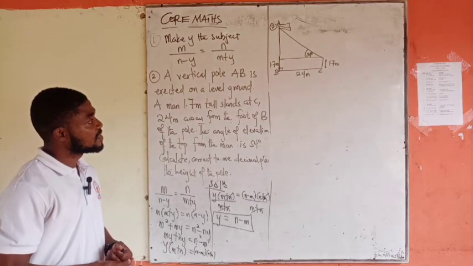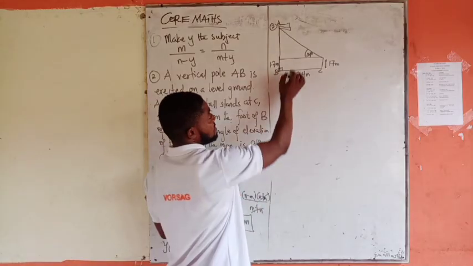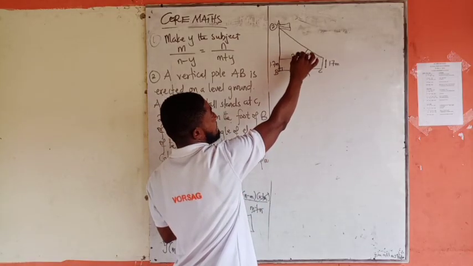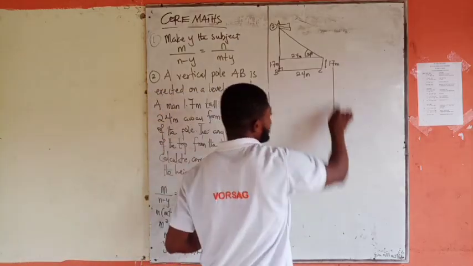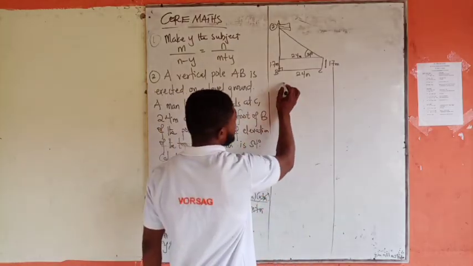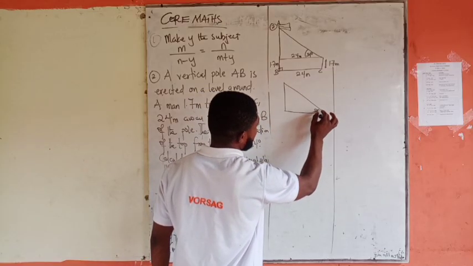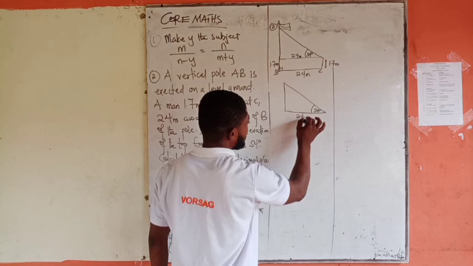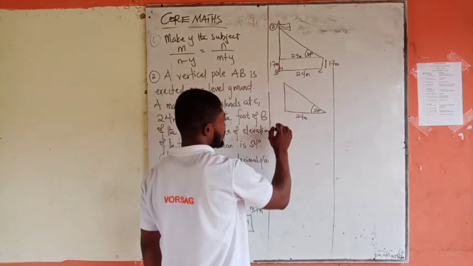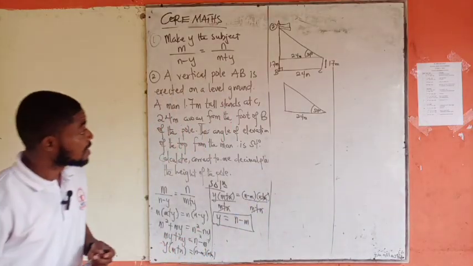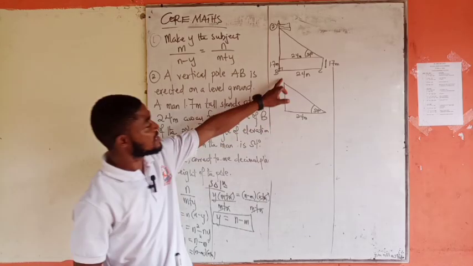So what do we do from here? We know this is in the form of a rectangle. So here is 24. Now I can pick my right angle triangle out. I'm looking for the height of the pole, which is this side.